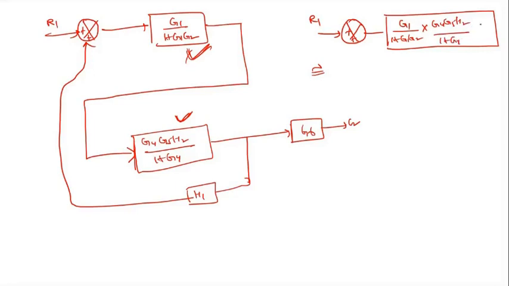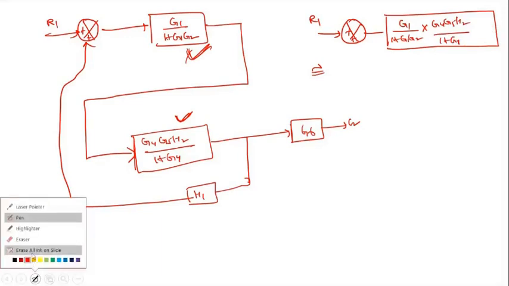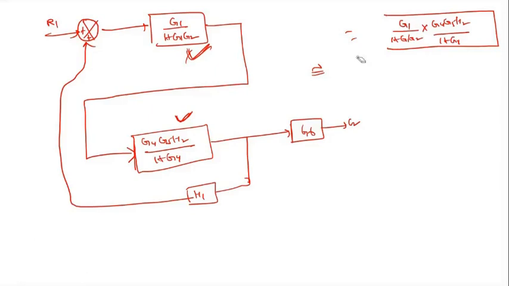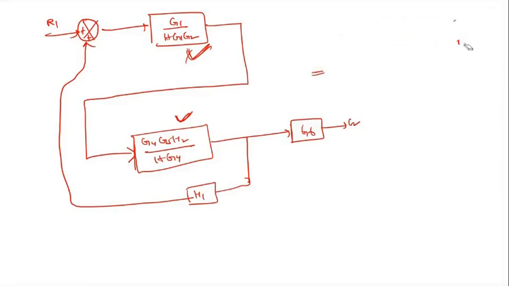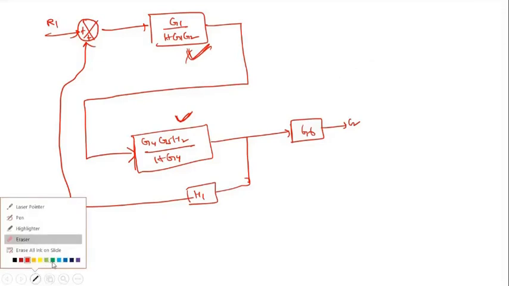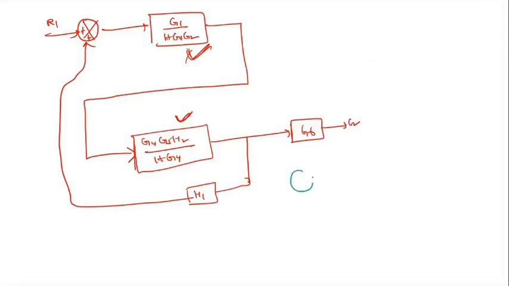Series connection is over. Then after that, G6 is there. Let me draw one more time, since space is not sufficient here. So plus plus R1, and these two will be series connections.